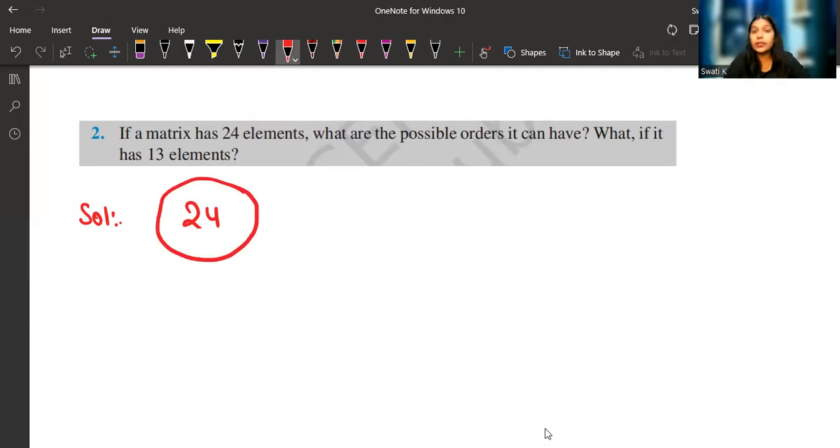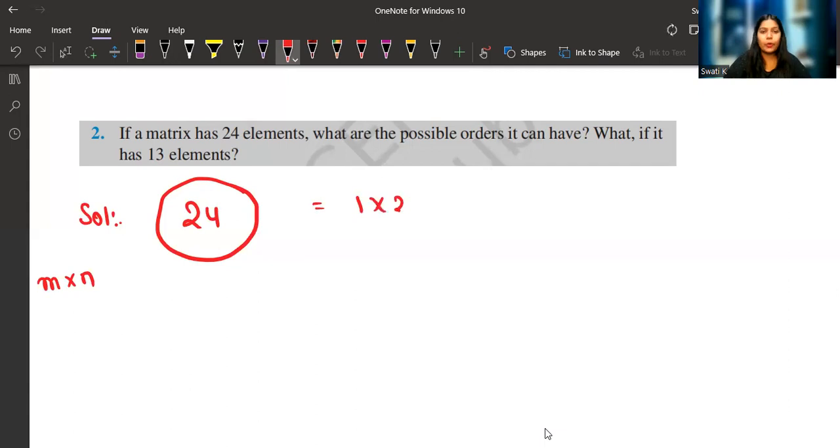What are the possible orders it can have? You know that this 24 will only come if you write down m cross n. So you simply write down m cross n in such a way that their multiplication is 24. So actually you just need to write down which two numbers you will take so that their multiplication is 24. So it's very simple.